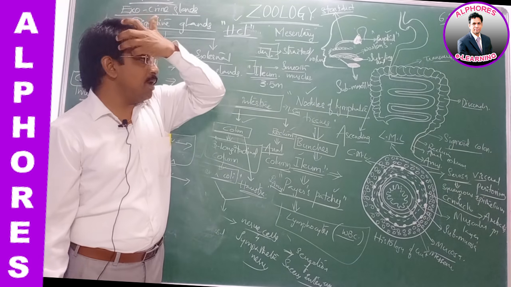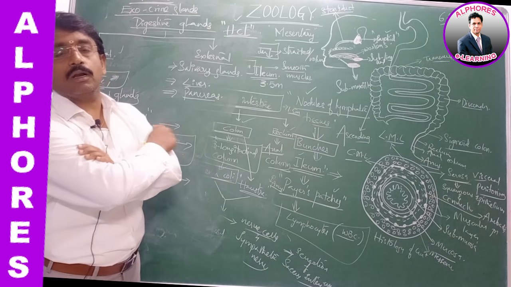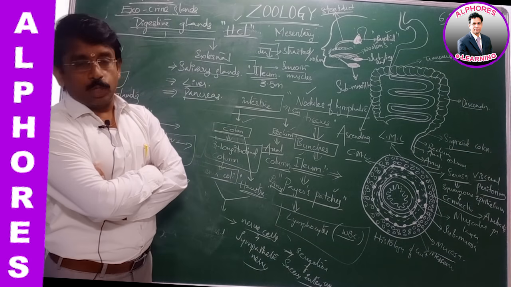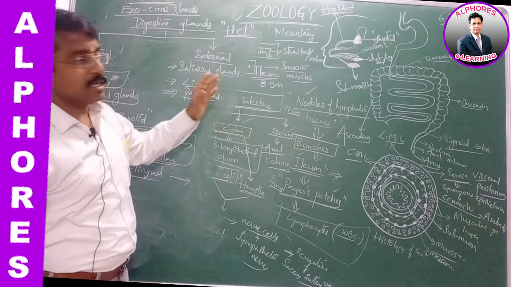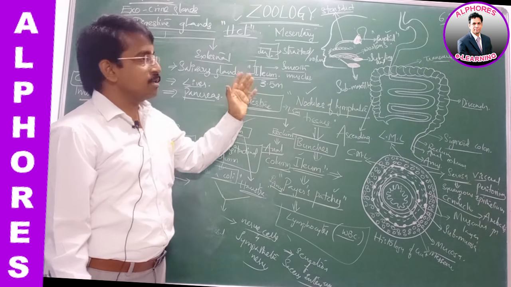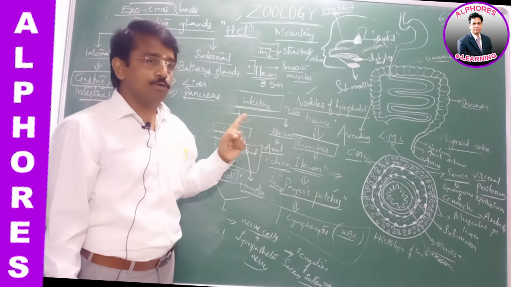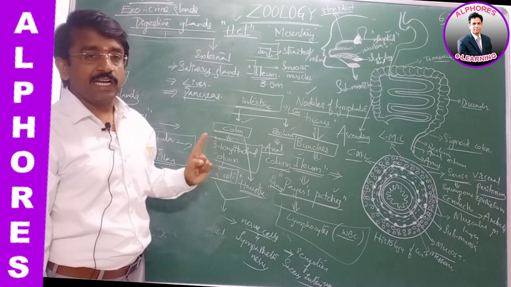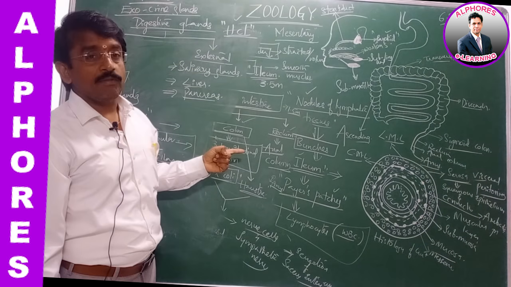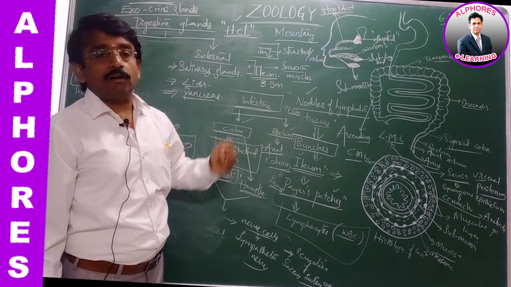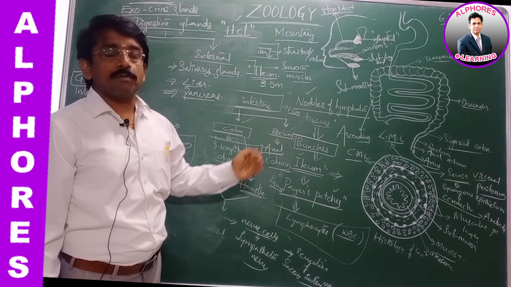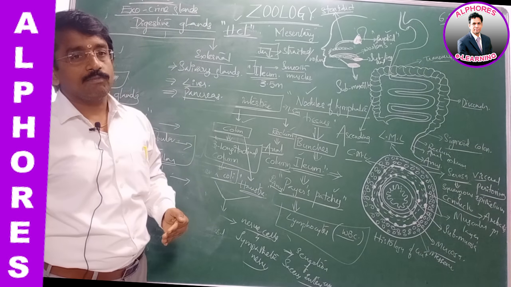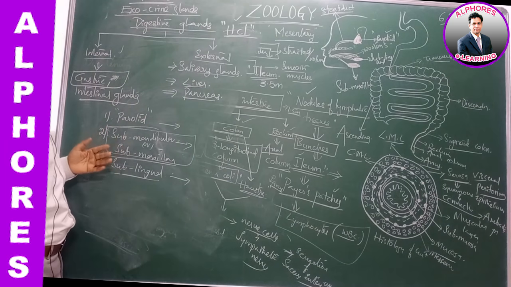Basically, the goblet cells are present, which come under unicellular glands. That is the goblet cells which secrete the mucus. Mucus plays a role in the lubrication of the gut, as well as allowing the flow of food from one part to another. This is how we see the gastric glands.